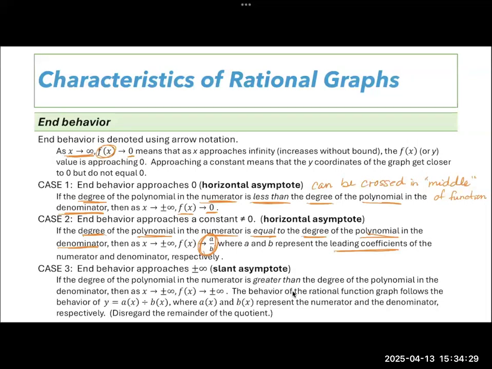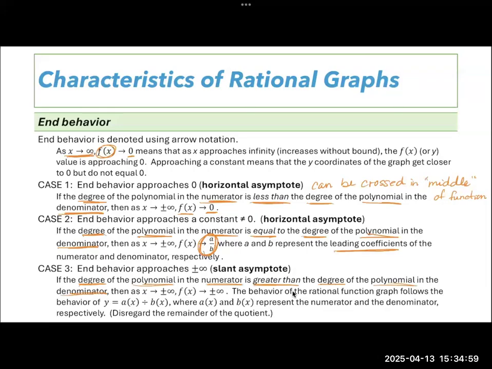In the third case, if we have the degree of the polynomial in the numerator being greater than the degree of the polynomial in the denominator, then we don't have a horizontal asymptote anymore. So in case 1 and in case 2, whether we get a 0 or an actual value to be approaching, that establishes a horizontal asymptote that we're going to be getting closer to.